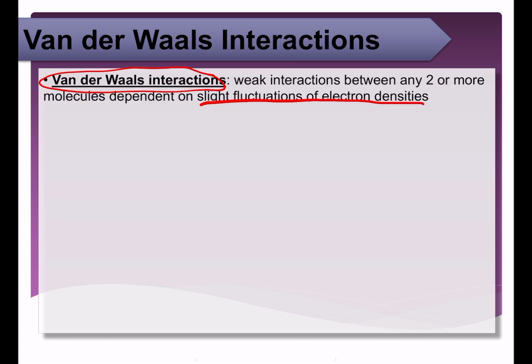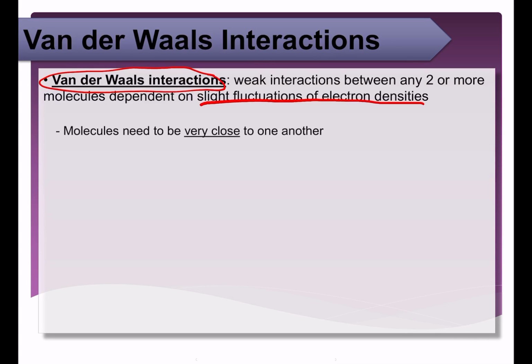So it's not even based on slight charges. It's just that at one point in time, that particular electron cloud is on one side of the molecule, which then allows it to interact with another atom. I'll show you what I mean.